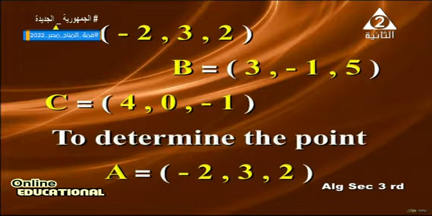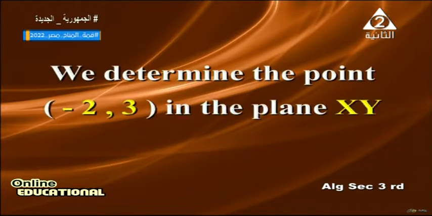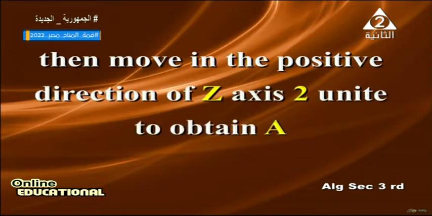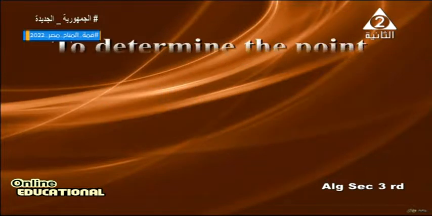At first, to determine the point (-2, 3, 2): -2 on the negative x-axis, 3 parallel to the y-axis, 2 parallel to the z-axis. We determine the point (-2, 3) in the xy plane. After that, we move in the positive direction of the z-axis 2 units to obtain the point A.